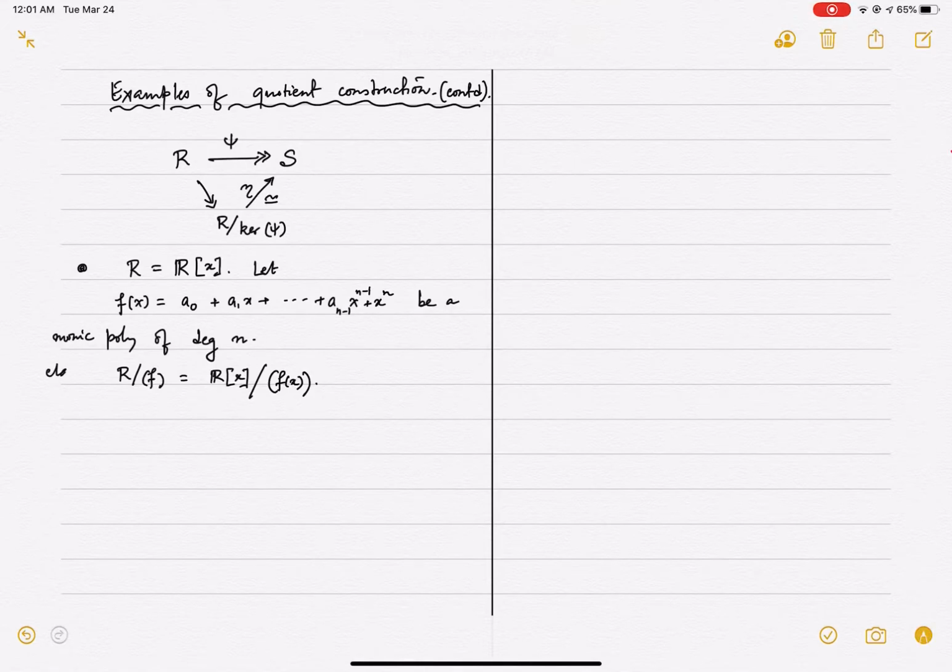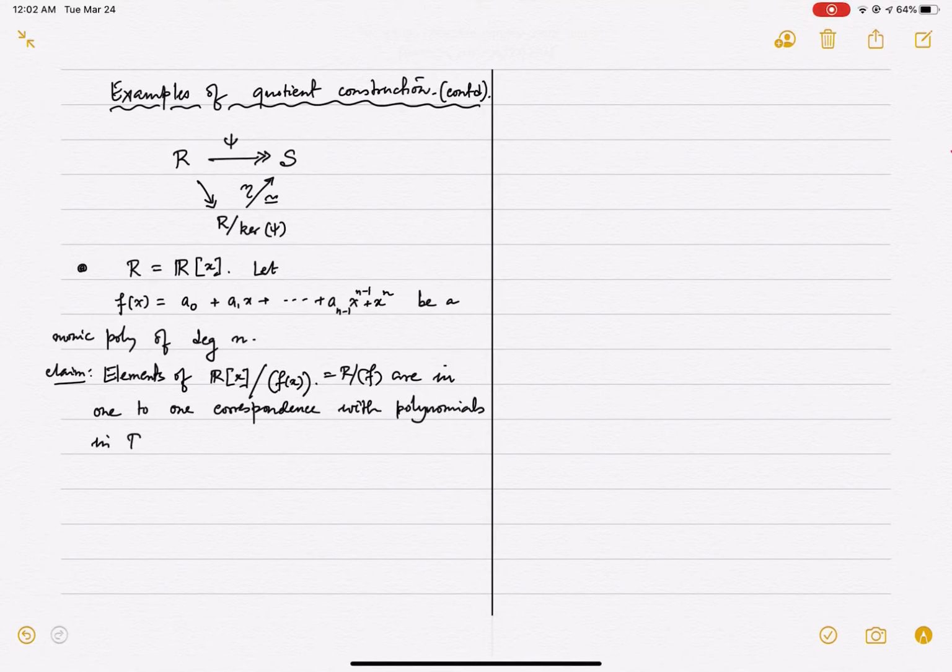So my claim is that the elements of this ring are in one-to-one correspondence with the polynomials in R[x] of degree at most n minus 1, meaning degree less than that of f.